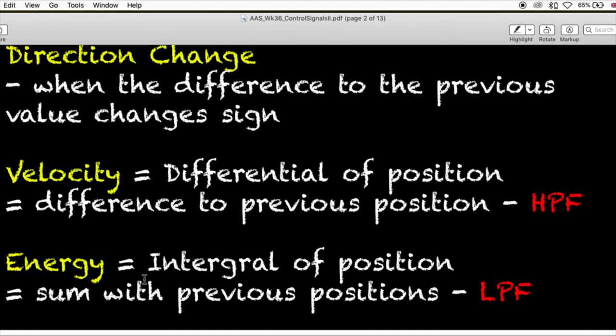And then we will also look at the energy of the motion, which will be the integral of position, which is typically the sum of the current position and the previous position. And you would typically keep the sum going. Okay, so if you have a unipolar signal, I've mentioned this last time, then you would get an infinitely growing integral.